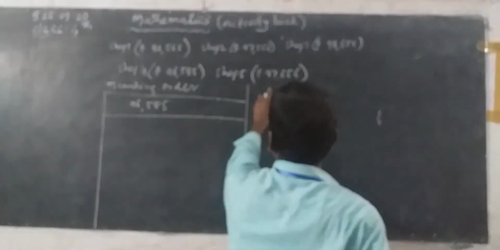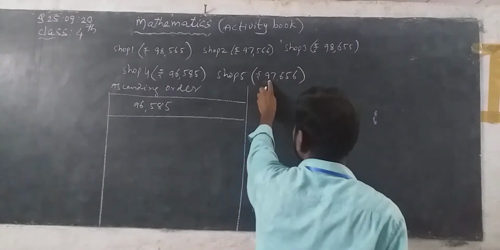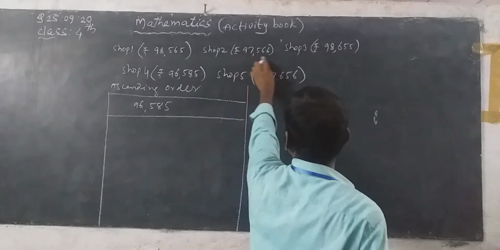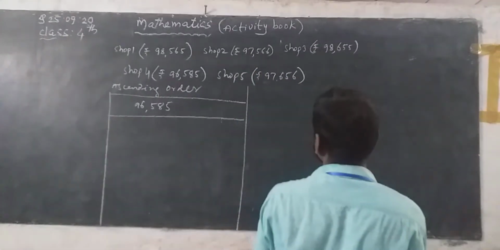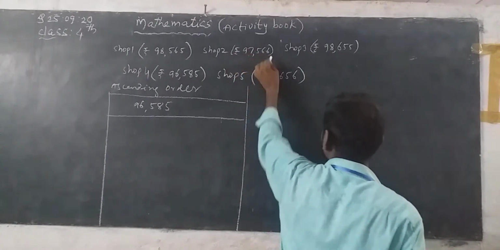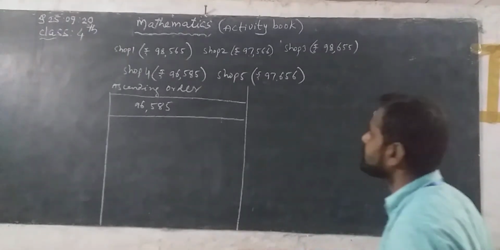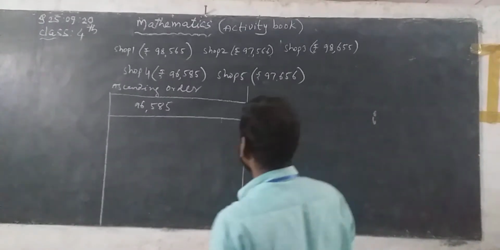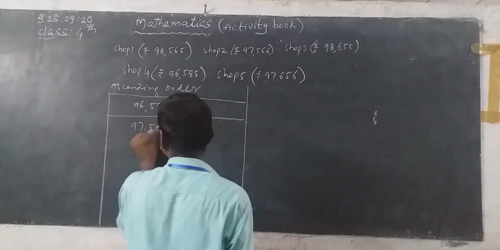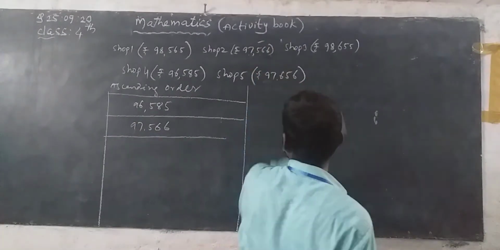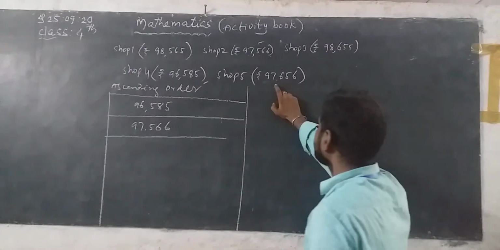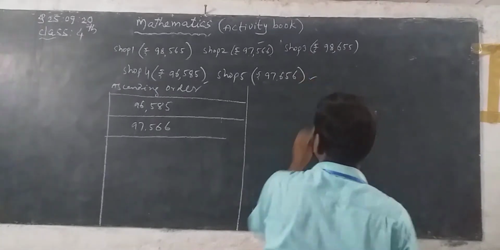Next, 97,656 is there. Next, 97,566 is also given. So 97,566 is smaller than 97,656. Then you can write here 97,566. This is also completed. Now next, 97,656.